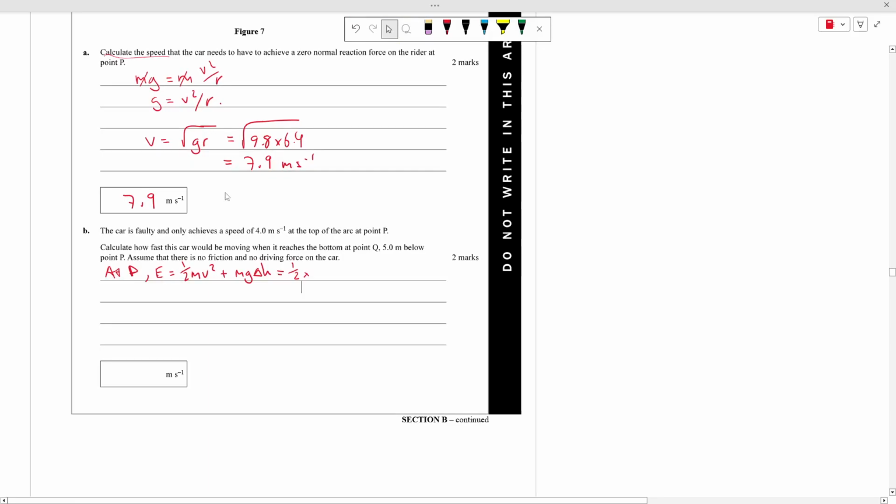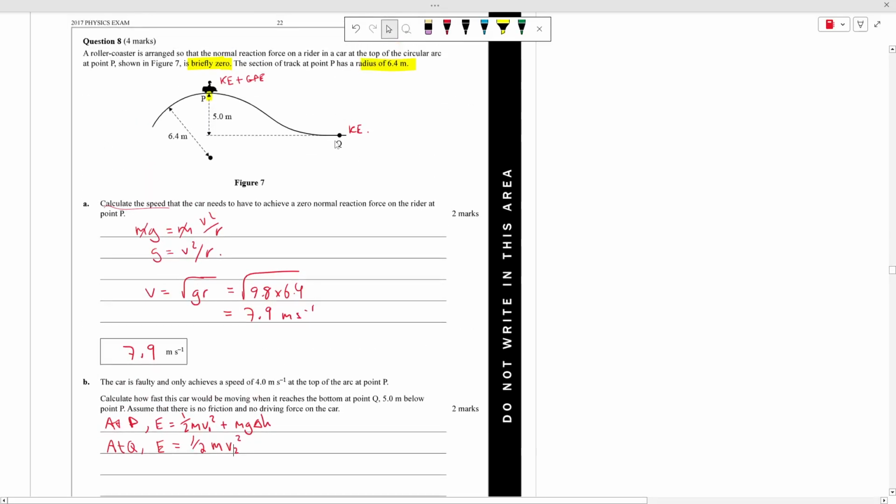Okay, so at the top, point P, I'm not going to write equals there, I'll just leave it like that. At point P, that's the total energy, and I'll use subscript 1 for the velocity at that point. At point Q, the total energy is equal to half mv2 squared, that's the velocity that it's got there.